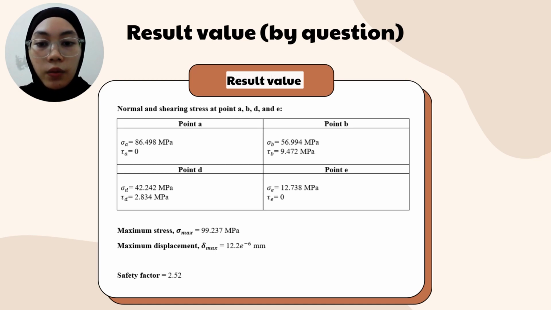For point D, we get 42.242 megapascal and also 2.834 megapascal. For point E, we get 12.738 megapascal and 0. For maximum stress, we get 99.237 megapascal, maximum displacement 12.2 exponent negative 6 mm, and lastly safety factor 2.52.